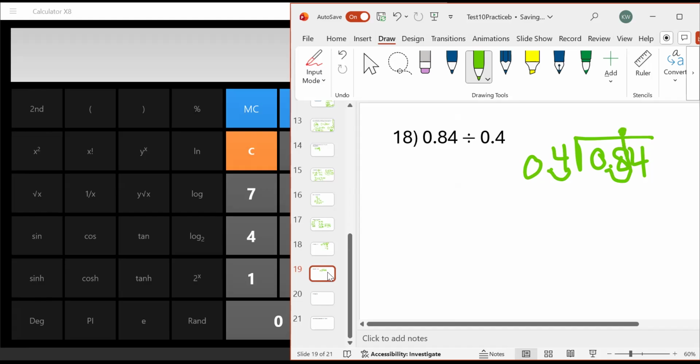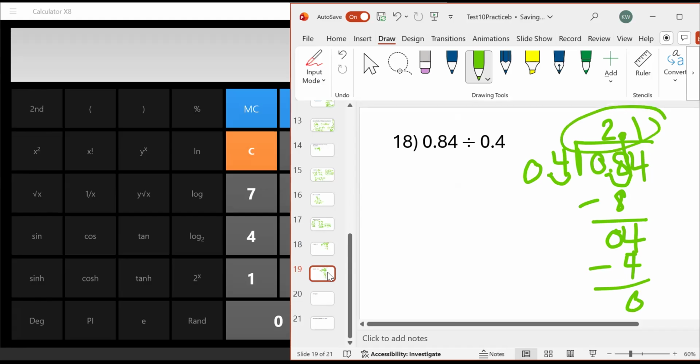So that means the decimal's right there. 4 goes into 8 2 times. Bring the 4 down. And 1 time for that. So 2 point, right. 4 minus 4 is 0. So 2.1 is our answer.